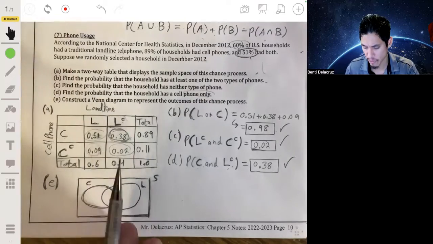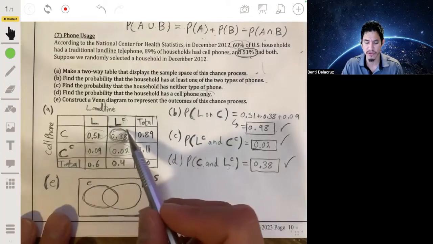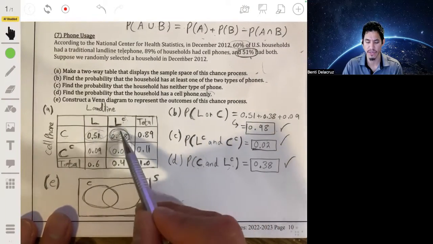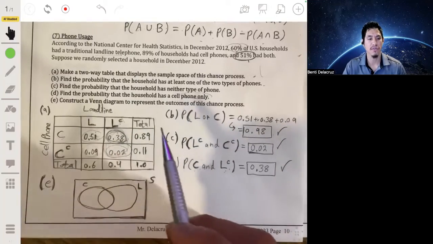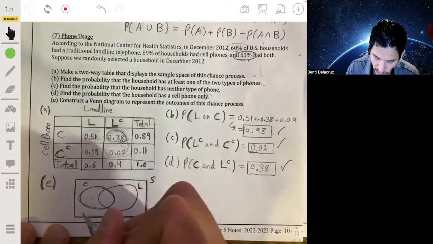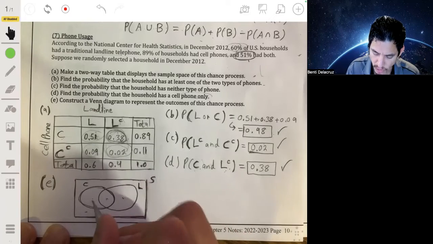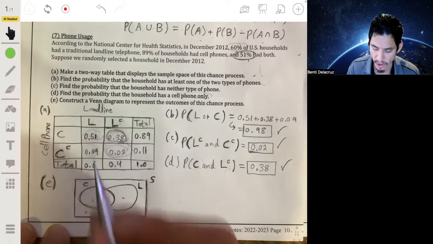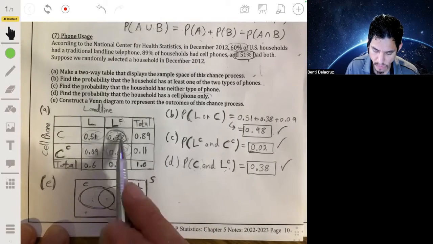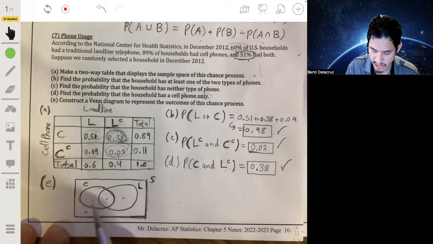Now the way I would advise you to interpret this is to view this as two ovals and these four values, and the two ovals intersecting. Think of it as you have 1, 2, 3, 4 numbers. So you want to figure out which of these go where. And the way we have this set up, we have L and C intersecting.